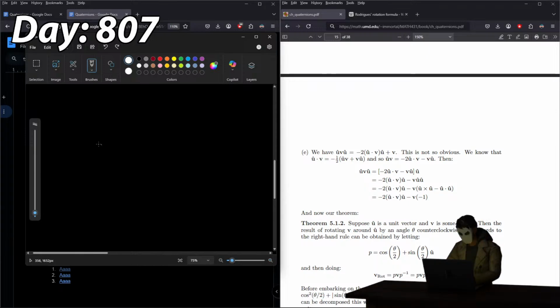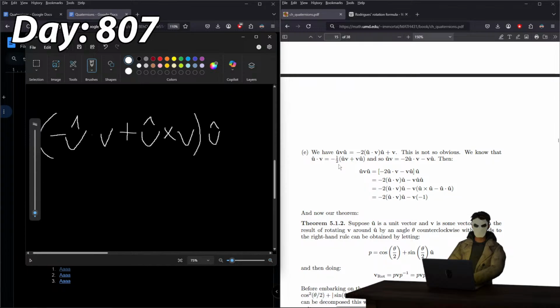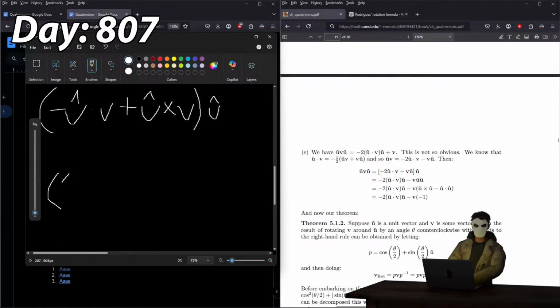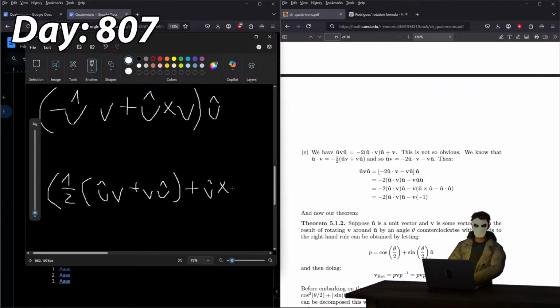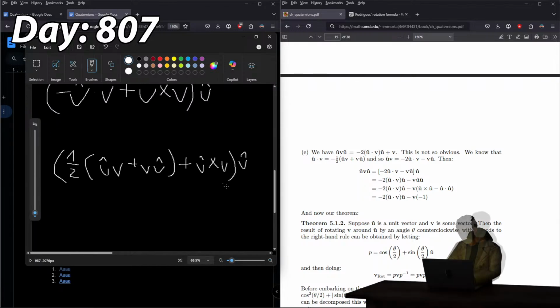Instead, we have U dot V plus U cross V, this times U, and then U dot V is equal to minus, which means now we just have a plus 1/2 UV, we're back at UV, plus VU plus V cross U cross V, and all of that times U. So we have this now.